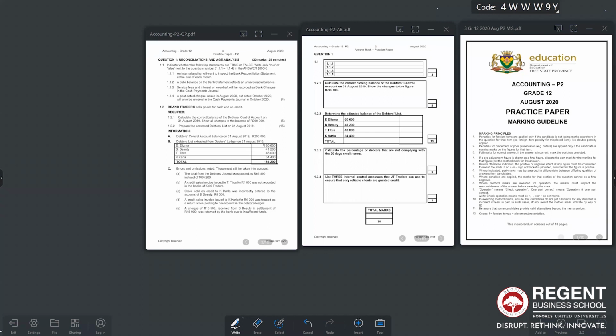So you posted incorrectly to debtors control. You posted 66,800 instead of 64,200. You posted too much. You added too much to the debtors control account. So how much extra did we add? We added 2,600. So what I need to do is decrease my debtors control.